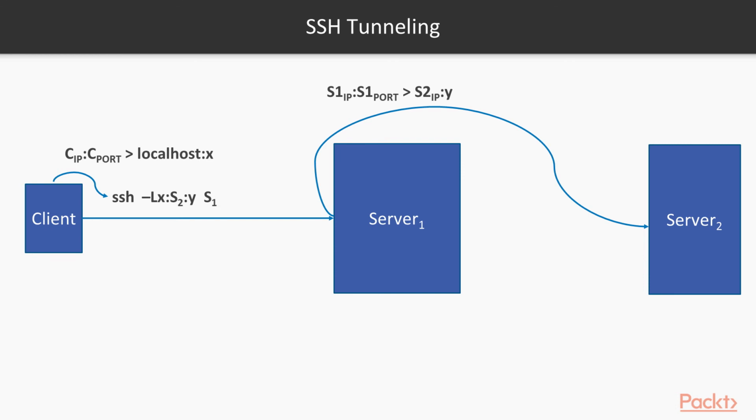So that way, it looks as if we moved the port Y on server 2 to the port X on localhost. And that way we can access server number 2 through this channel with any TCP connection from the client.